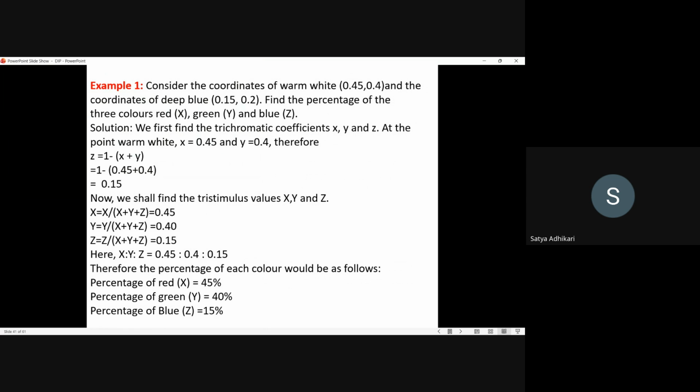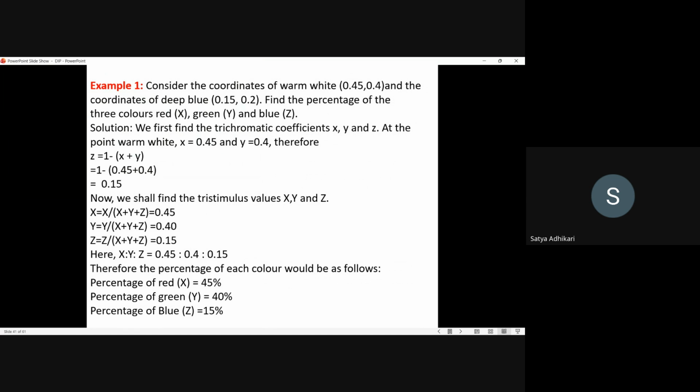Consider the coordinates of a warm white as 0.45, 0.4, and the coordinates of a deep blue as 0.15 and 0.2. Find the percentages of the three colors red, green, and blue in it. We first find the trichromatic coefficients x, y, z at the point of warm white: x equals 0.45 and y equals 0.4, which is given in the question.